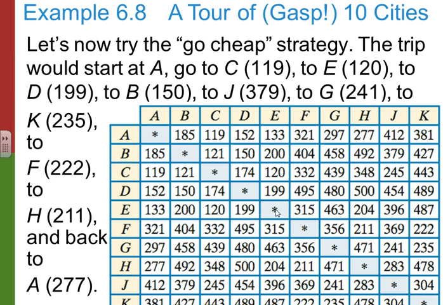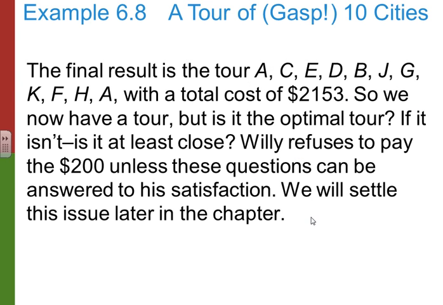Now I'm at E, and the cheapest guy from E, given that I've been to the other 2 guys, is D. And now I'm at D, and the cheapest guy is B, and now I'm at B. I would continue doing that process, only going to the cities that I'm supposed to go to. If I do that, it would cost me $2,152, but that's a whole lot cheaper than finding every single possibility. Although I can imagine I could make a computer program to do it in seconds, if that.